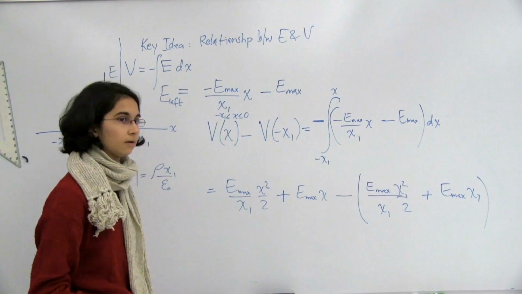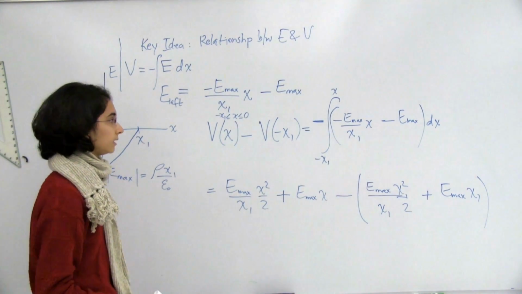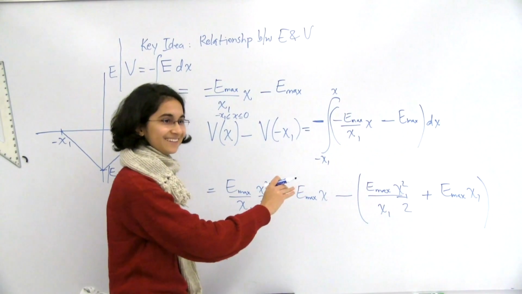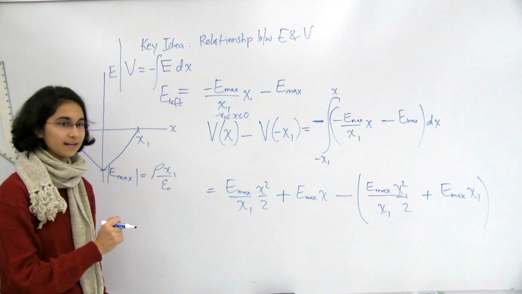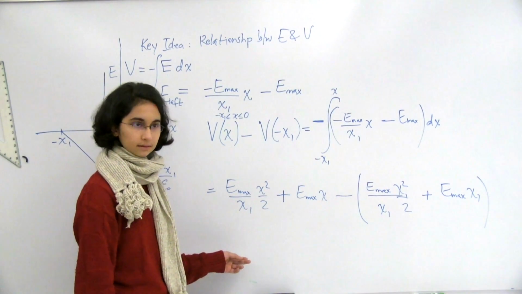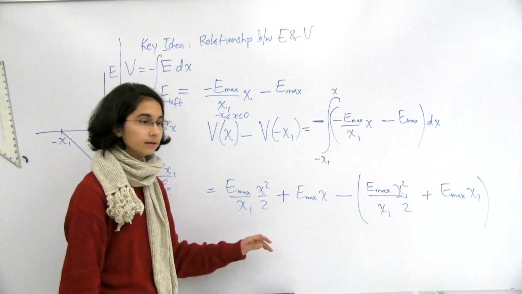Is that clear how we got there? I integrated and put in the limits. Is that okay? I can explain how I got here. Yeah, explain it. Okay.